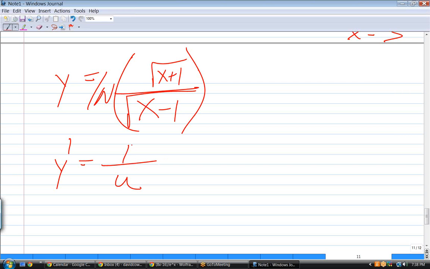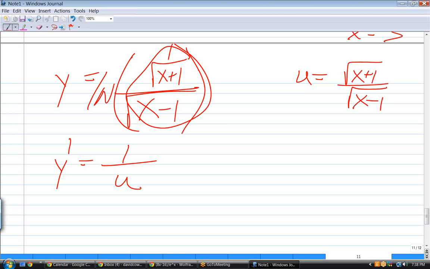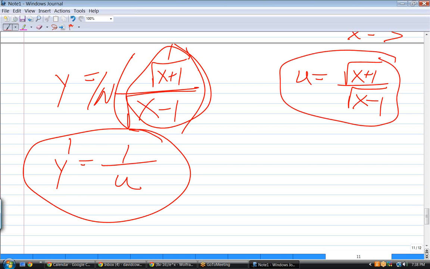Now I've got to take the derivative of the inside. In other words, if u really was this, square root of x plus 1 over square root of x minus 1, now I've got to multiply this times the derivative of the inside. So I have to come up with what du dx is.